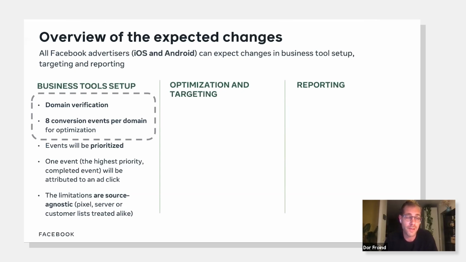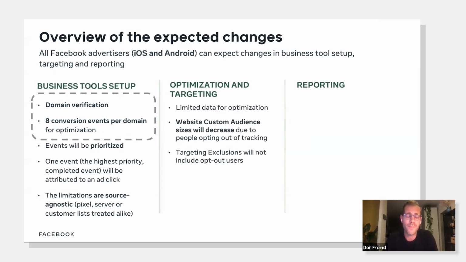In terms of optimization and targeting, the one thing that will be impacted is that Facebook will receive much less data for optimization, such that the Facebook algorithm will rely on a lower amount of data. Another thing is around targeting. So custom audiences, retargeting audiences will decrease because they just won't include opted out users.